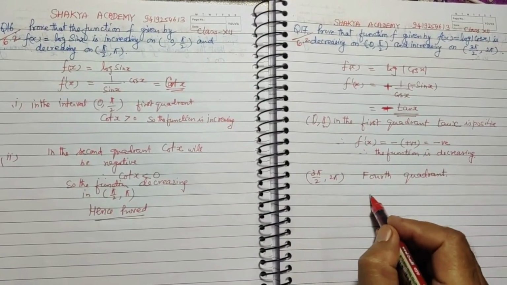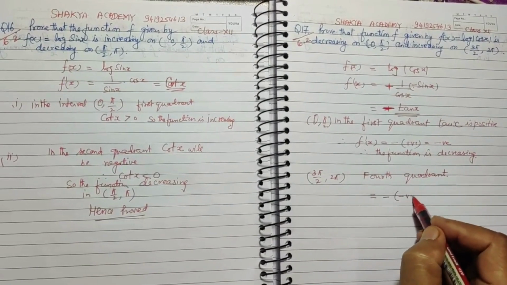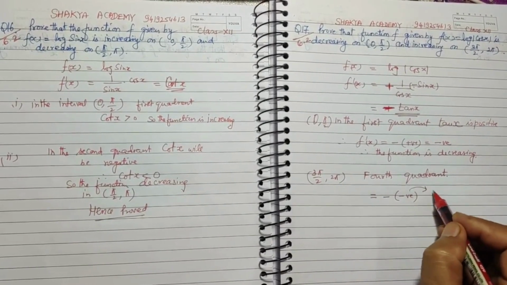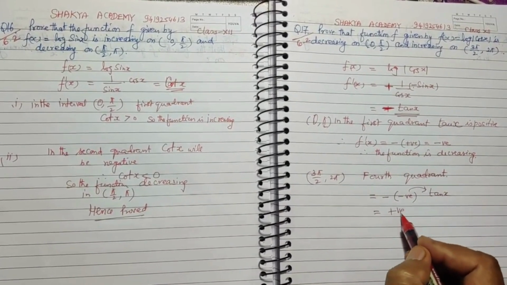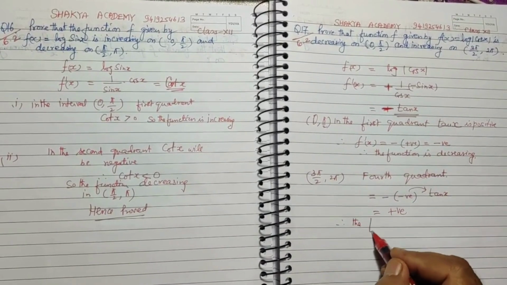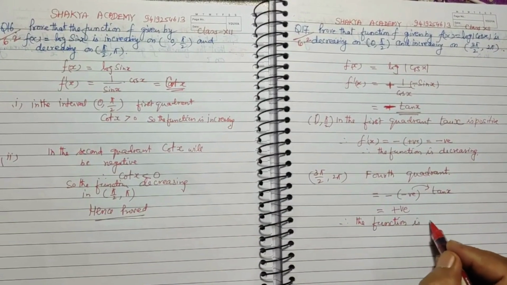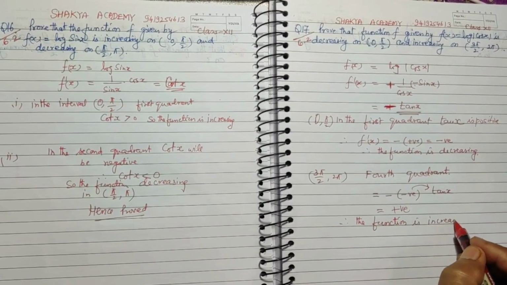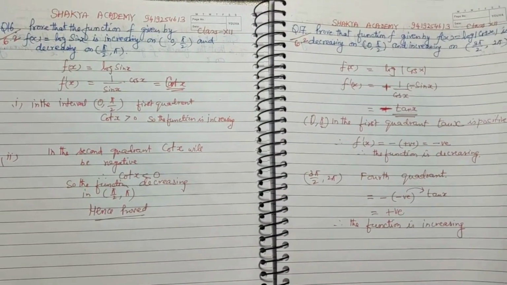So this will be minus and minus for tan x, which gives us positive, and so the function is increasing. This is question number 17.